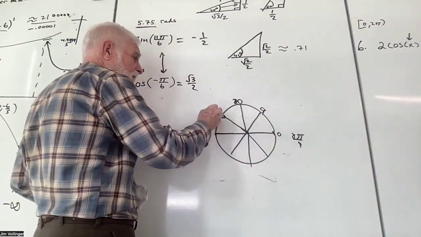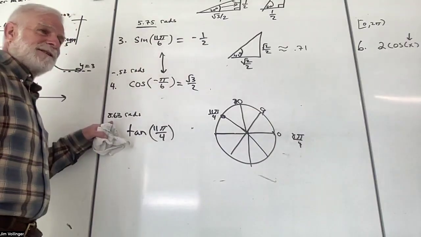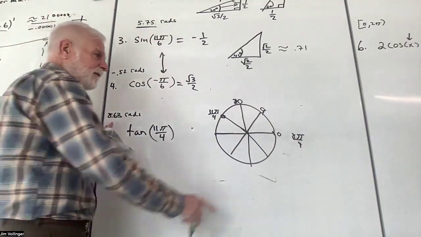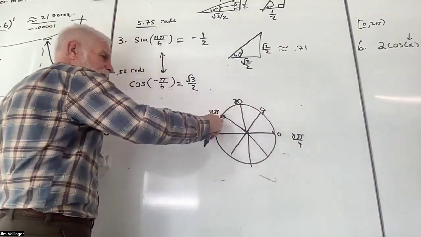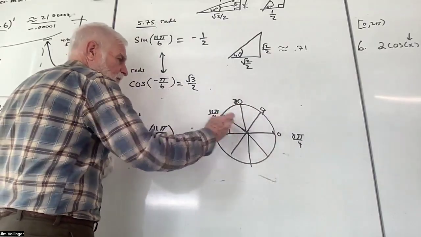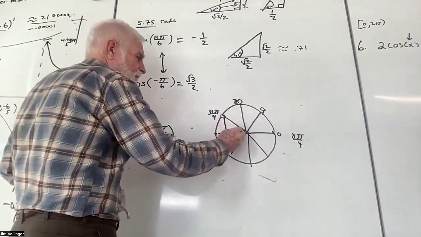This is our triangle, 11 pi/4, which is approximately 8.63 radius length, 6.28, add another 1.57, add some more, you're here, draw your right triangle from circumference to the axis, use your reference angle.